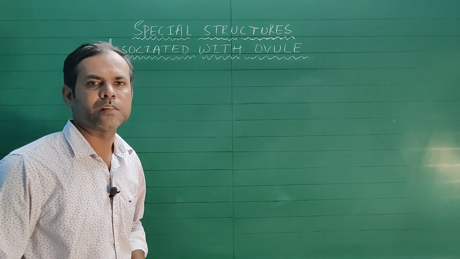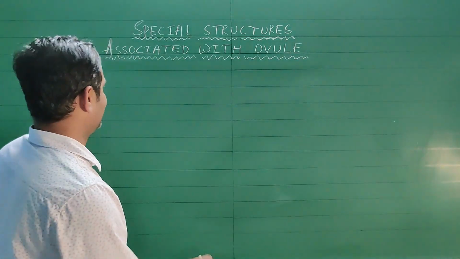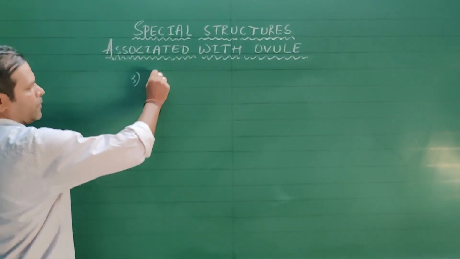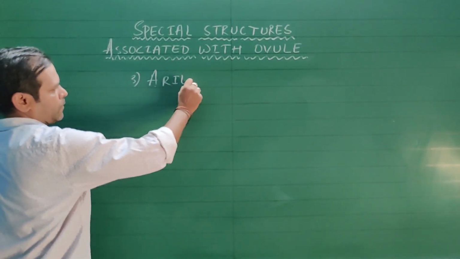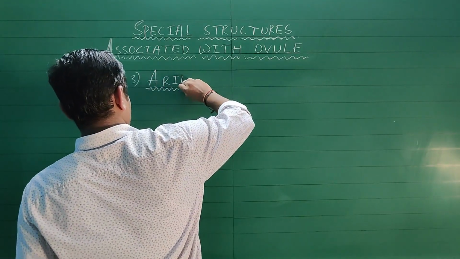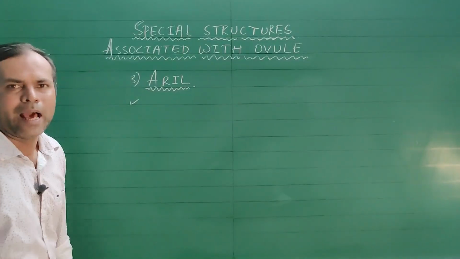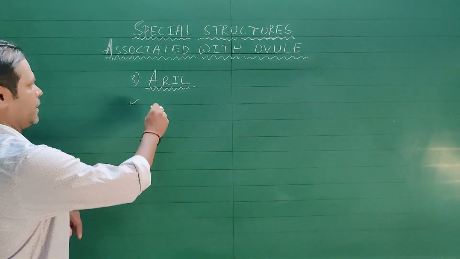The third special structure associated with ovule is aril. Now, what is aril? Aril is the outgrowth formed by funicle.